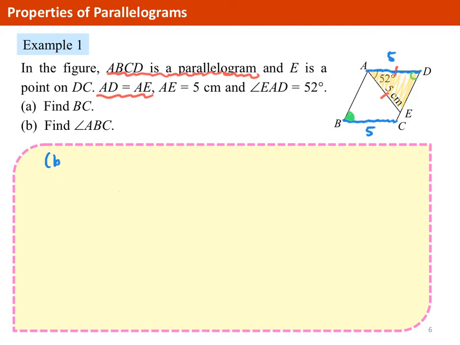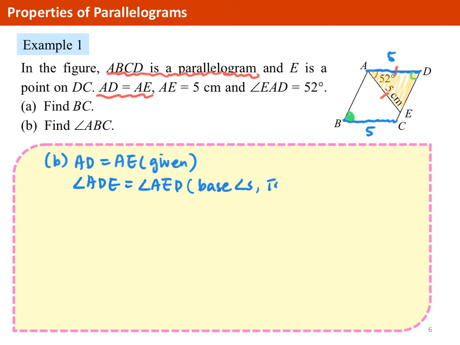So for question B, first of all, we said that AD and AE are of the same length because it's given. Therefore, angle ADE is of the same size as angle AED. The reason: base angles, isosceles triangle.